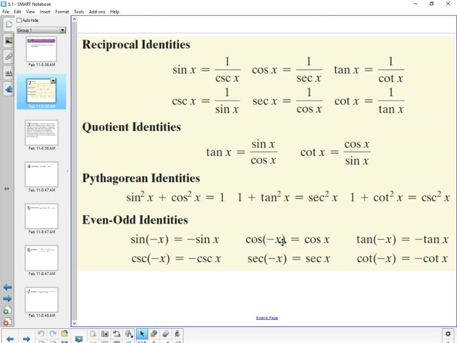Because it's an even function. So if you plug in a negative, if you switch all the x's to be negative, the result will still come out positive. That's why it's considered an even function. Sine is considered odd. So is tangent and cotangent, because if you look at the quotient here, tangent is sine over cosine, right?